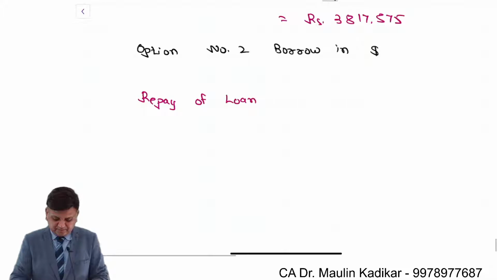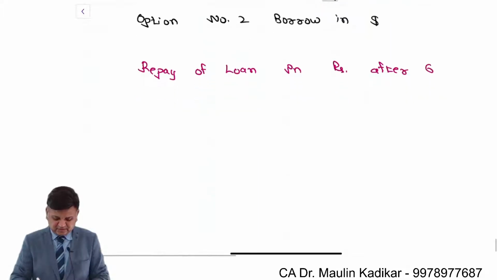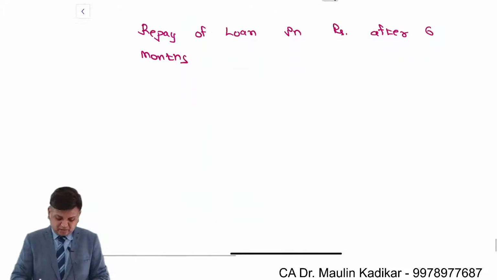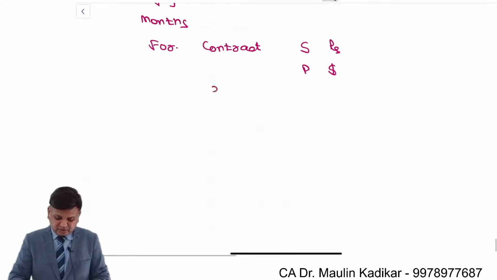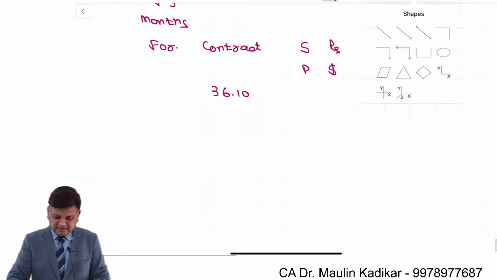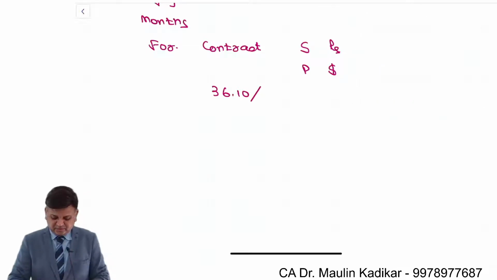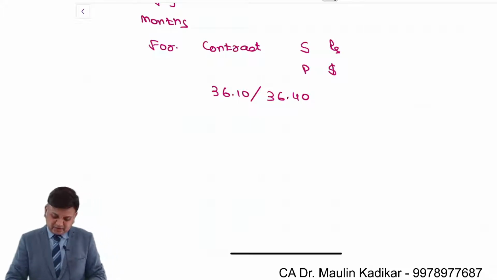Repayment of loan in rupees term after 6 months. Forward contract is sell of rupees and purchase of dollar. Fine. So it is 36.10 slash 36.40. That is rupees per dollar.